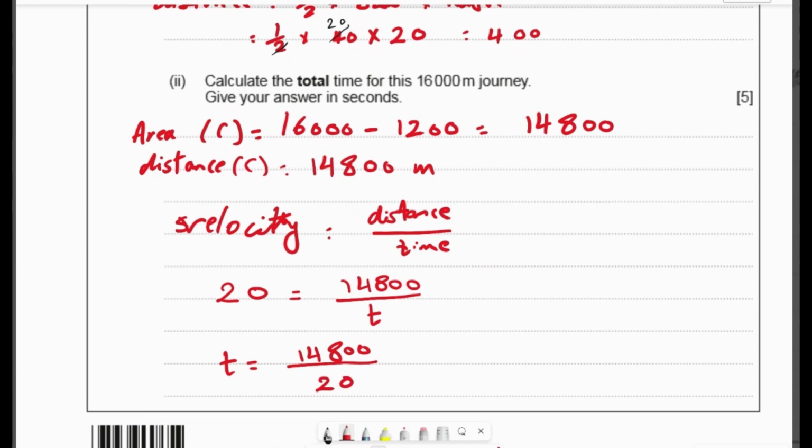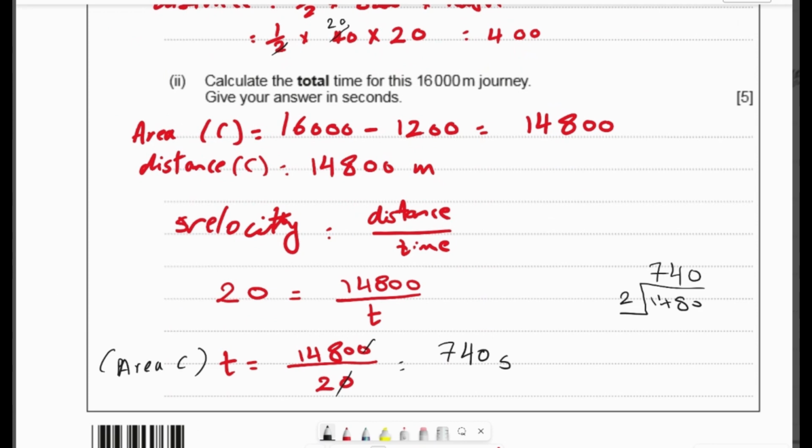So here, this 0 cancels 0, and how to do the division, just on the side here, write 1480 divided by 2. 14 divided by 2 is 7. 8 divided by 4 is 0. So the answer is 740 seconds for the middle part. We talk about which part? Part C.